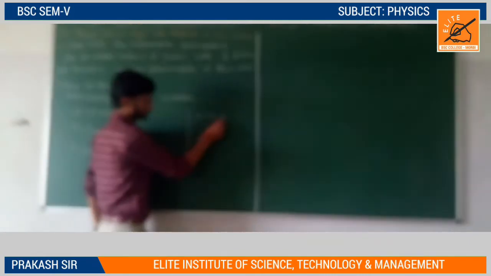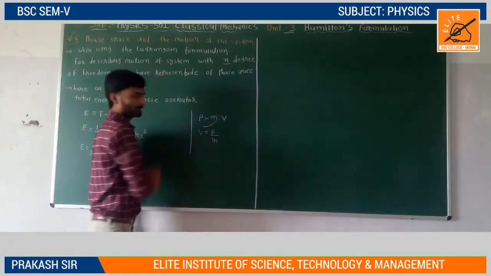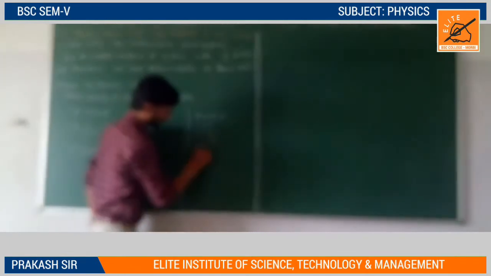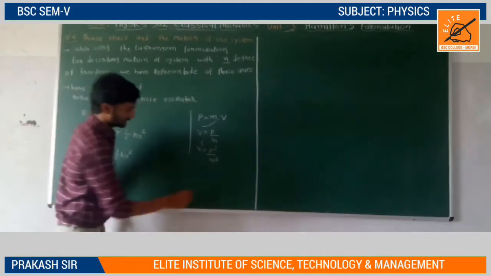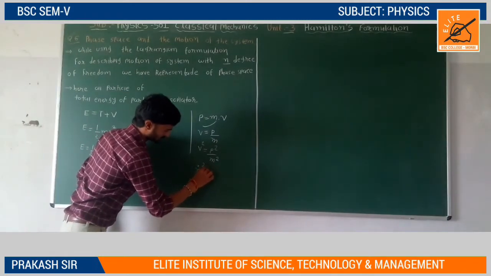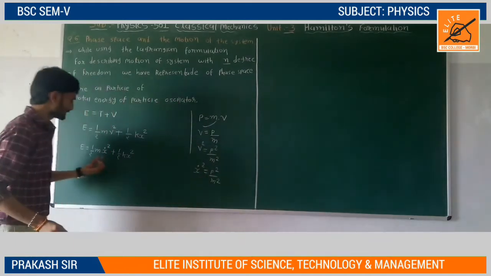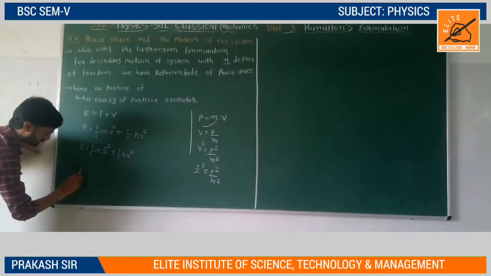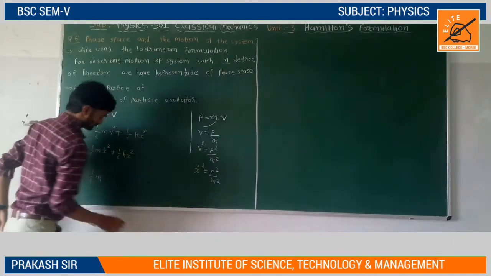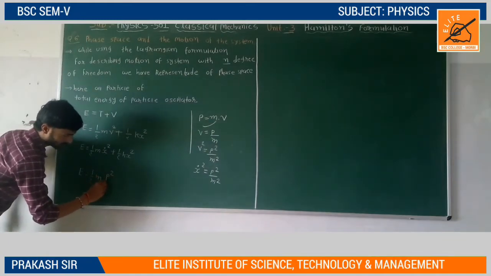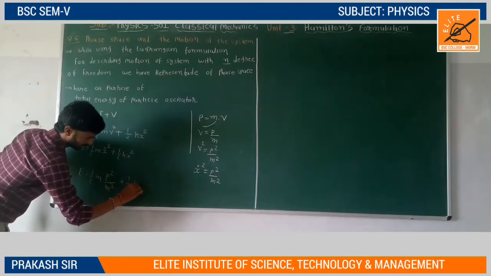So first v is p upon m in the denominator. Now v square is p square upon m square, so x dot square is p square upon m square. So E is equal to 1 by 2 m times p square upon m square plus 1 by 2 kx square.